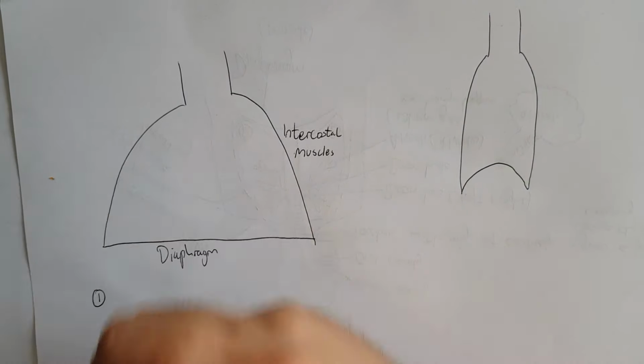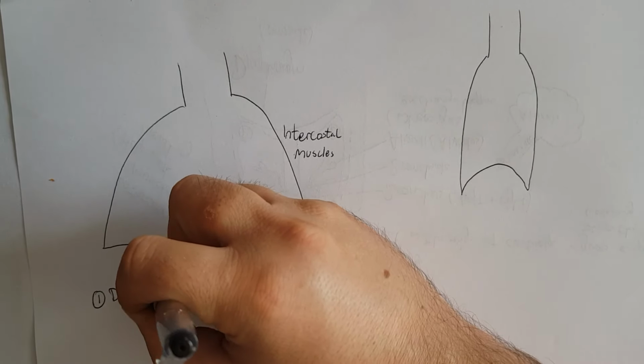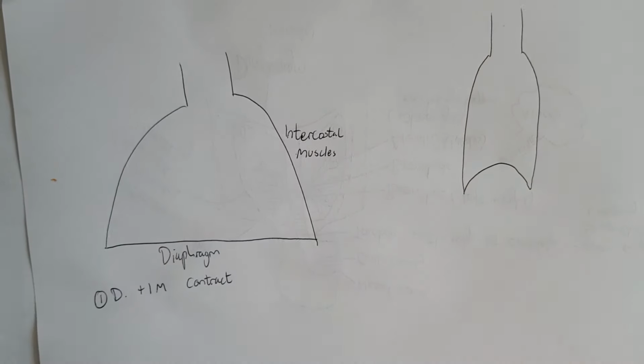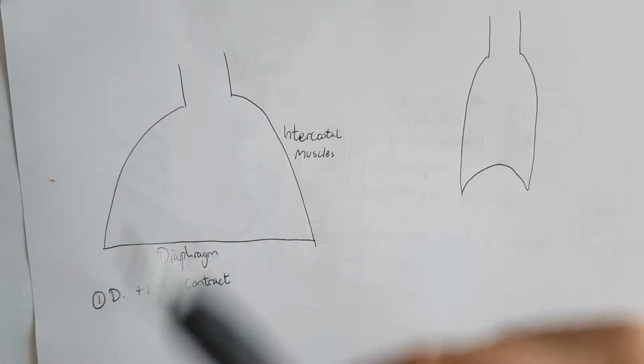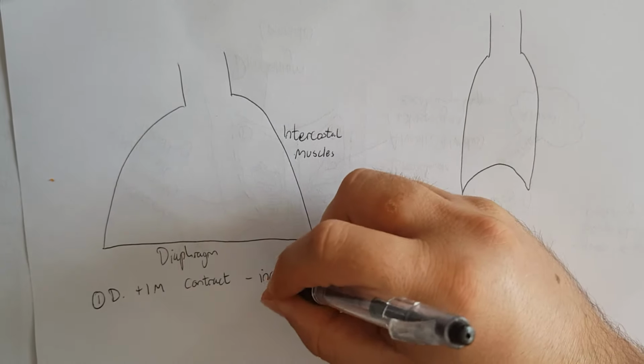So first off, diaphragm and intercostal muscles contract. So they contract, the diaphragm gets flatter, the intercostal muscles contract as well, and this increases the volume of the lung.